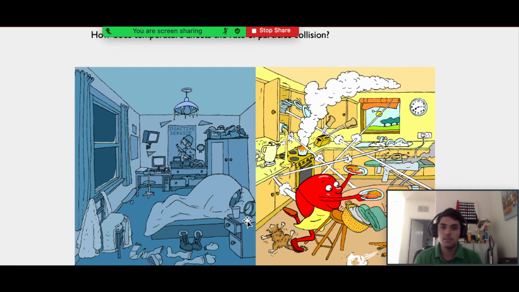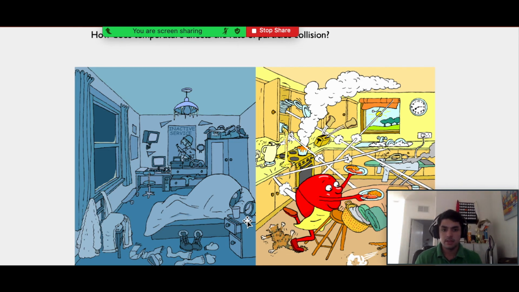So here you can see the character on the left side represents a low temperature, which in this case is because it's night and there's not enough kinetic energy. That's why he's asleep and not doing anything. So, he's very unlikely to react.